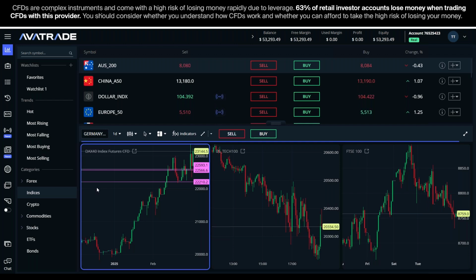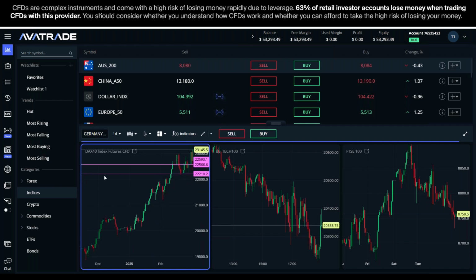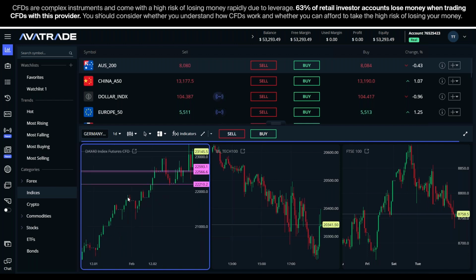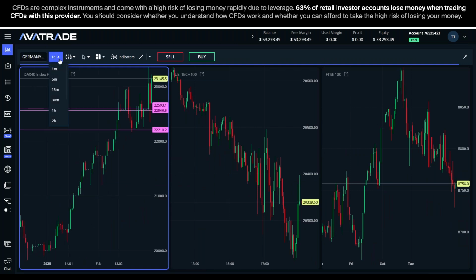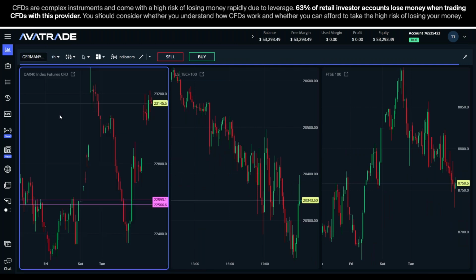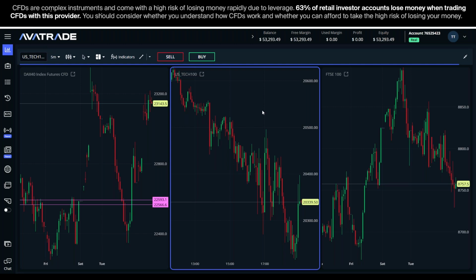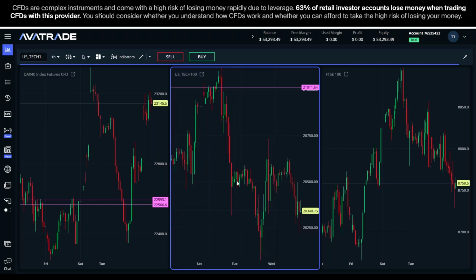Now it's the DAX 40. What we can do is make sure we're on the same candles with each of these charts, and maybe expand it a little bit. With 1 hour candles, we can get a good look at what's happening today on these different indices.